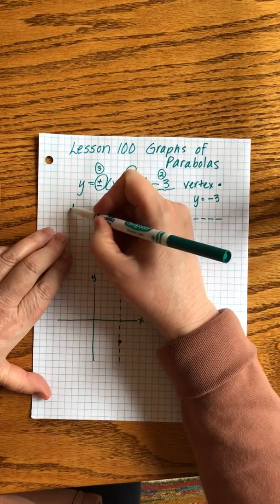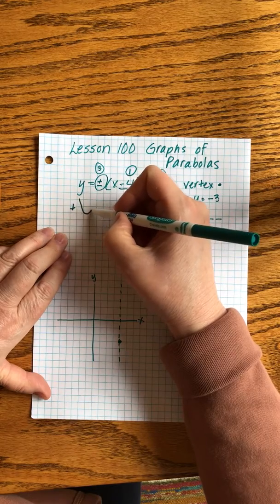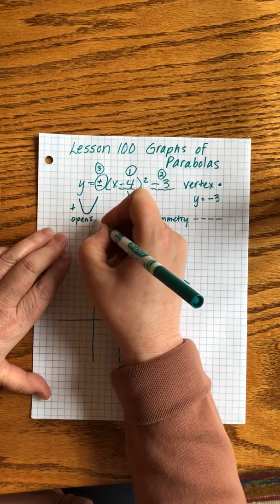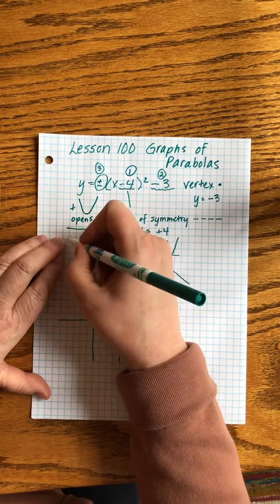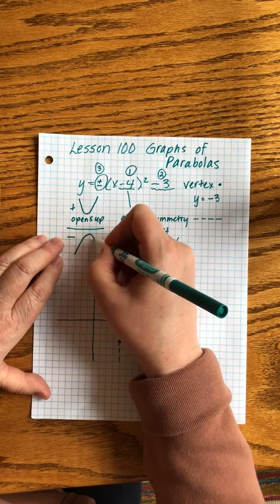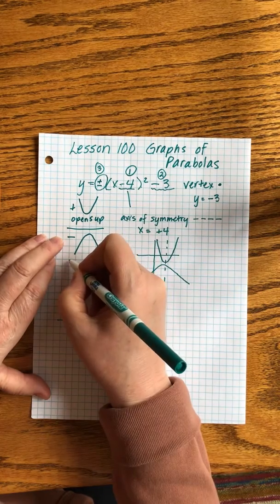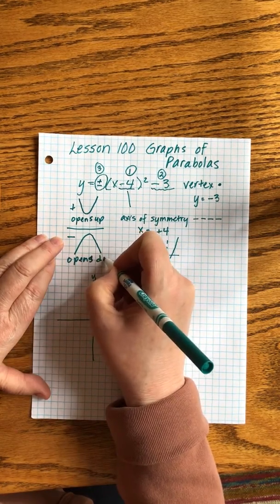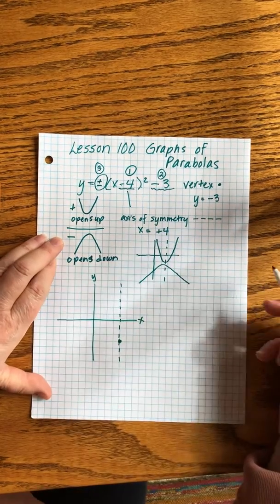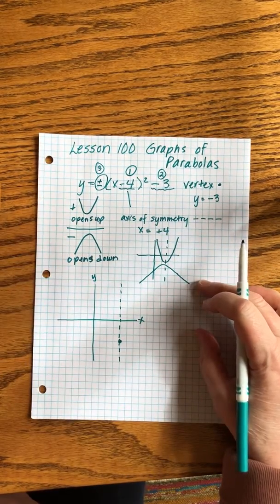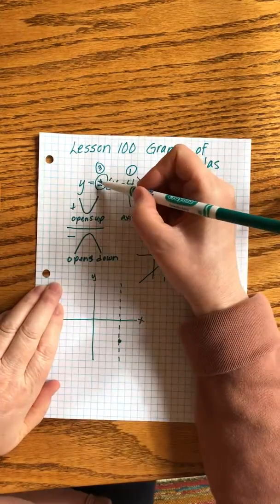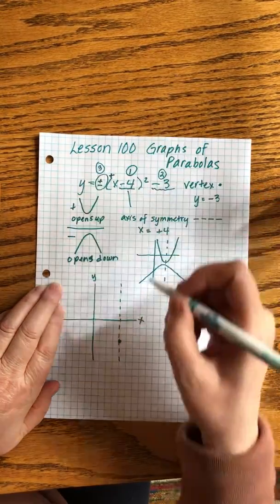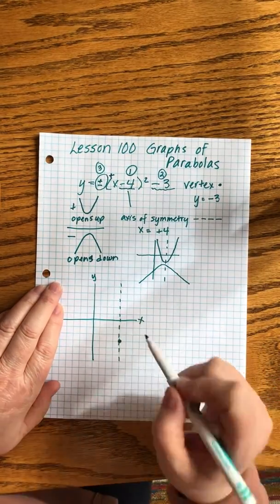If it's positive, that means our parabola opens up. If it's negative, that means our parabola opens down. That's what we mean by opens up or down. Kind of self-explanatory. In our example, it was positive. So that means our parabola opens up.